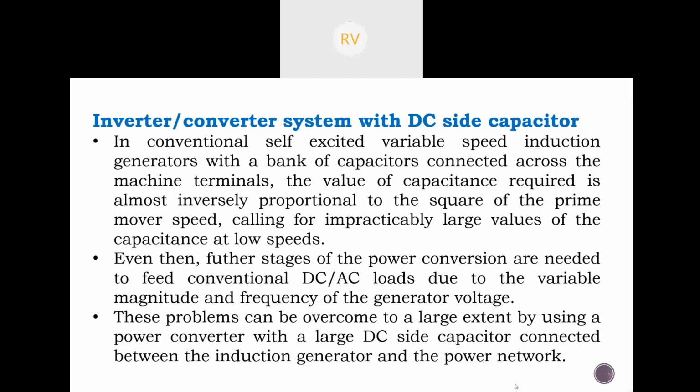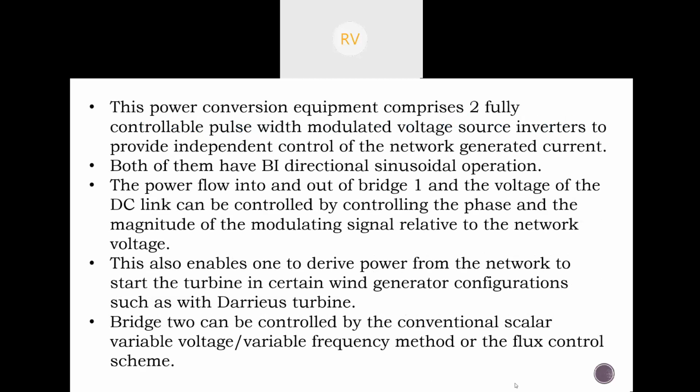The power conversion equipment comprises two fully controllable pulse width modulated voltage source inverters to provide independent control of the network generated current. Both of them have bidirectional sinusoidal operation, so they can act on both sides.